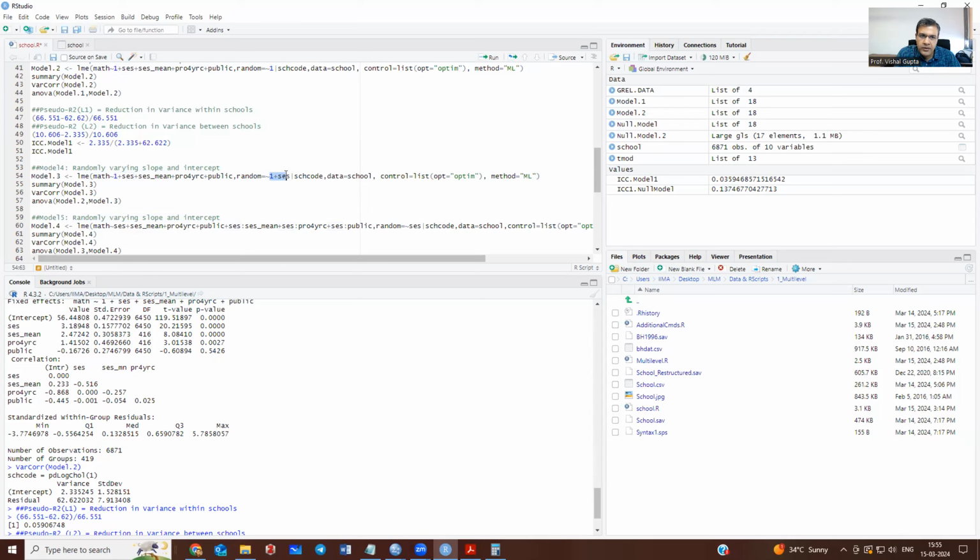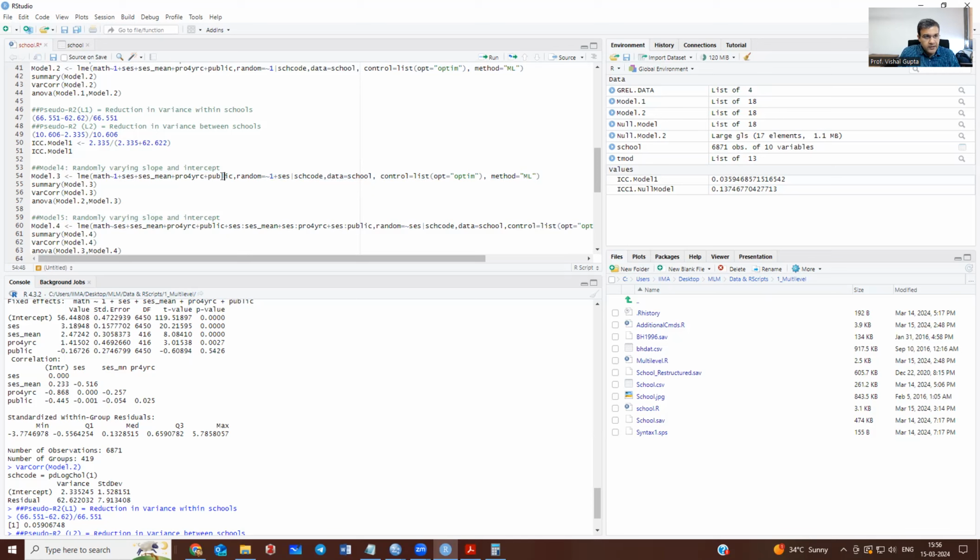You can write this, or you can simply write SES, which automatically means that the random intercept is also there, so it would be 1 plus SES. You see in my next I have simply written SES. That is just a matter of syntax, and data is equal to school. And then the rest are the common things that we have written.